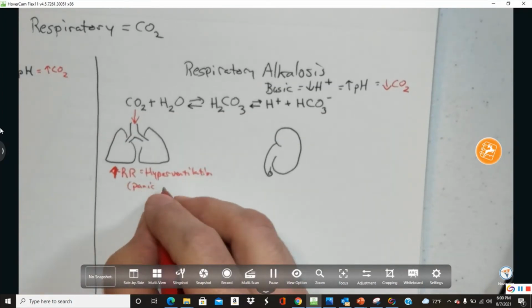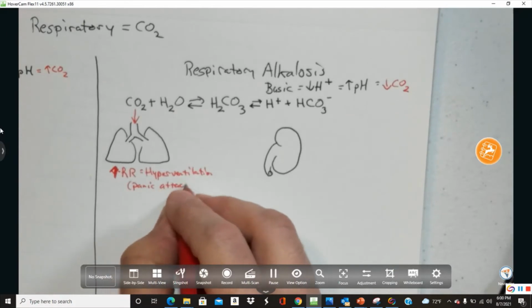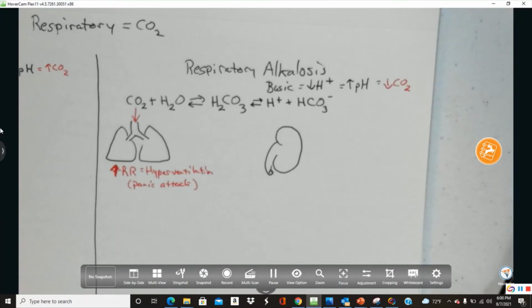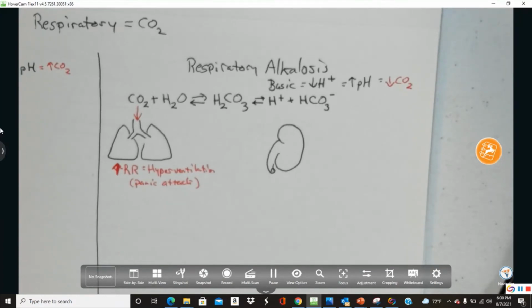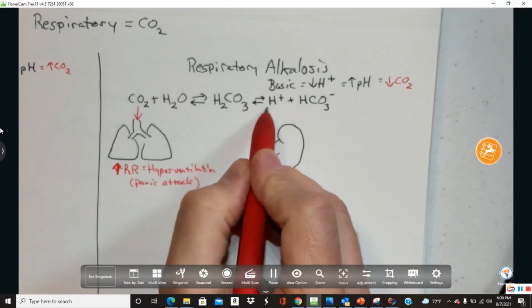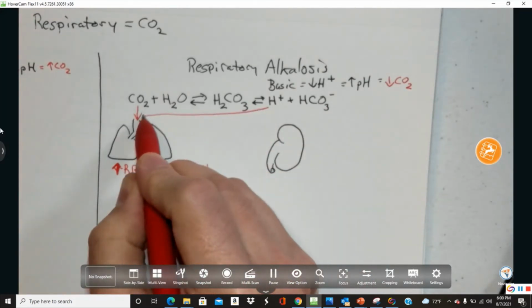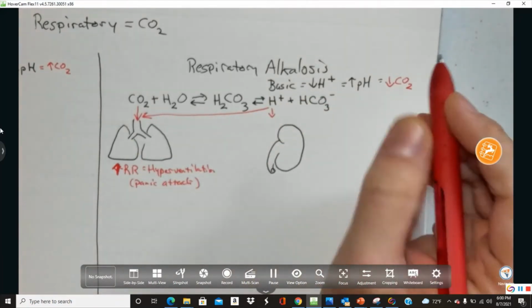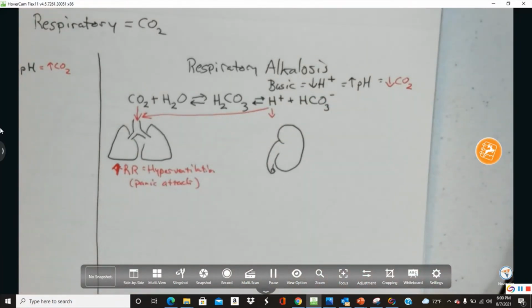Now, that could be a cause. And what that is doing is, as this pulls down, remember, these hydrogen ions are going to be pulled out, making them very low, which is removing them.